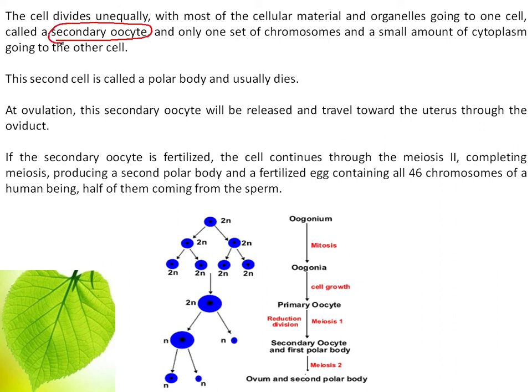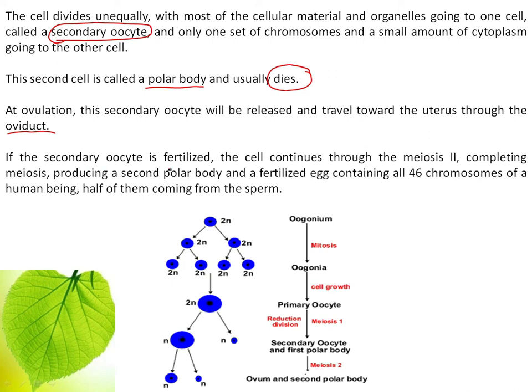The release of ovum is at this stage, and only one set of chromosomes and a small amount of cytoplasm go to the other cell. This second cell is called a polar body and usually dies. At ovulation, this secondary oocyte will be released and travel toward the uterus through the oviduct.